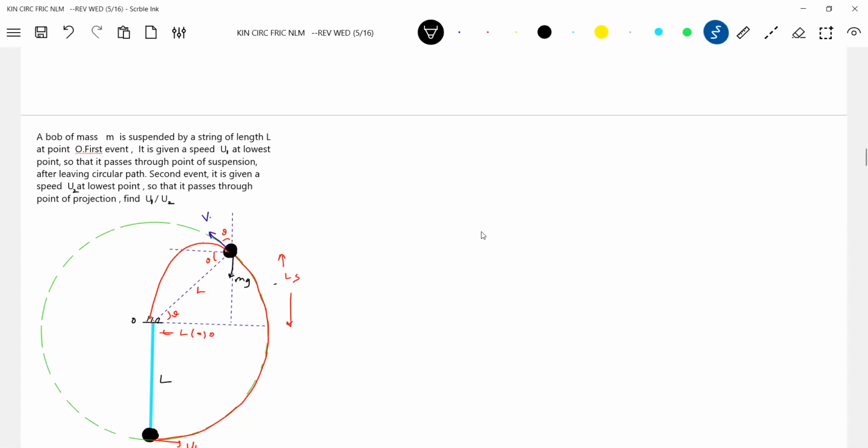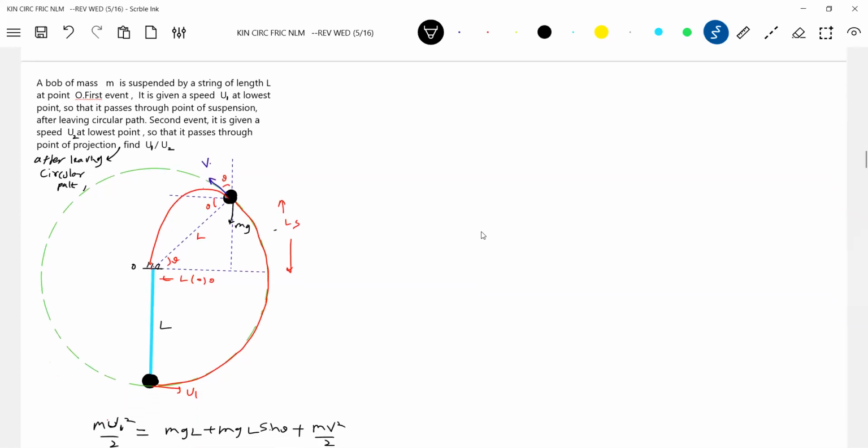Okay, it should be mentioned. Without leaving the circular path, how can it pass through the point of projection, sir? I may give some velocity where it will complete the circular path. Okay, sir, we'll make it. Yeah, I'll add it.